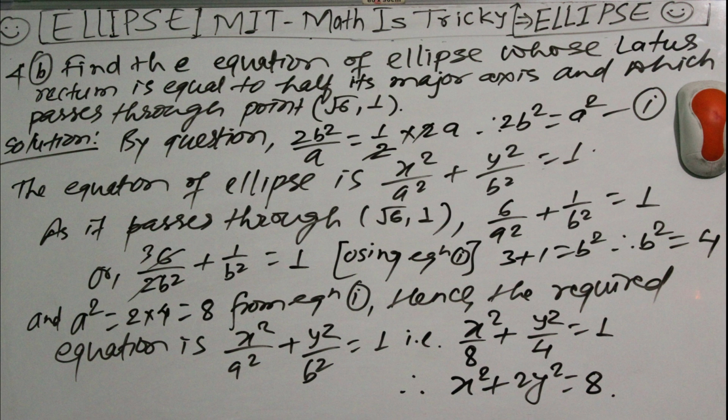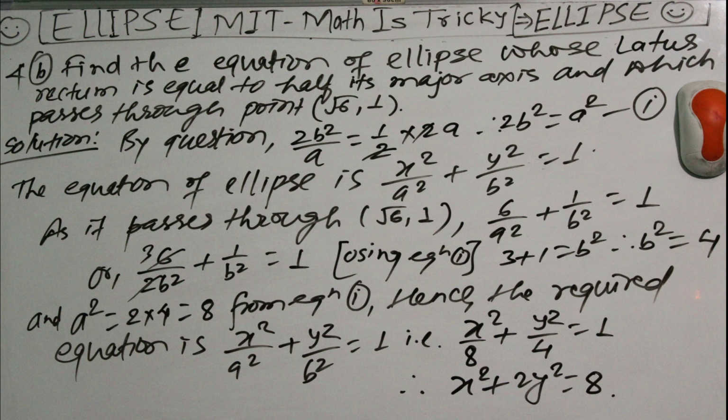Let the equation of the ellipse be x square by a square plus y square by b square equals 1. As it passes through the point (root 6, 1), by substituting x equals root 6 and y equals 1 in the equation of the ellipse, and simplifying this, putting also a square as 2b square, we get b square equals 4.